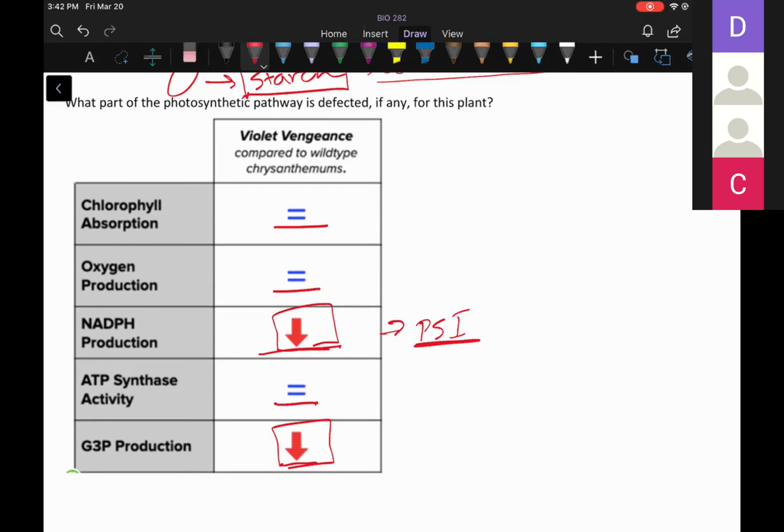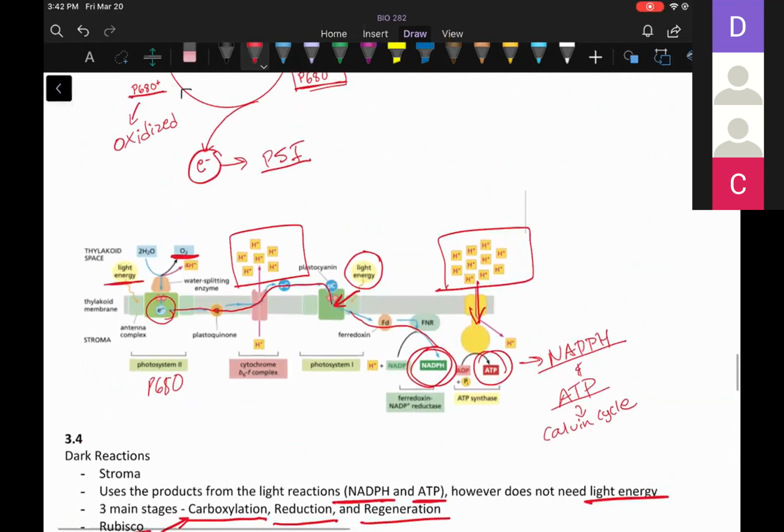But in G3P production, in the Calvin cycle, you're also making NADH, which is used in the electron transport chain also. So can you use that reasoning as well? Because the Calvin cycle is replenishing the NAD plus molecules for the light-dependent cycle. So for the light-dependent cycle, we end up getting NADPH and ATP.